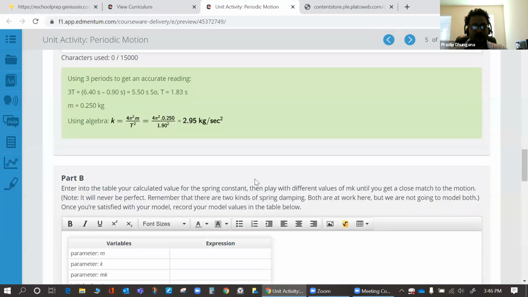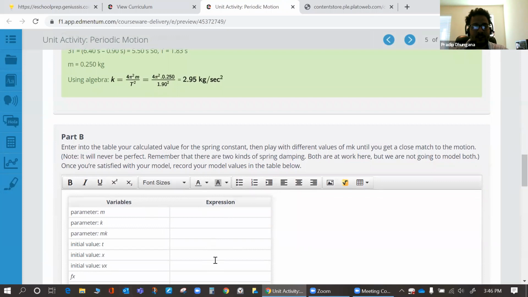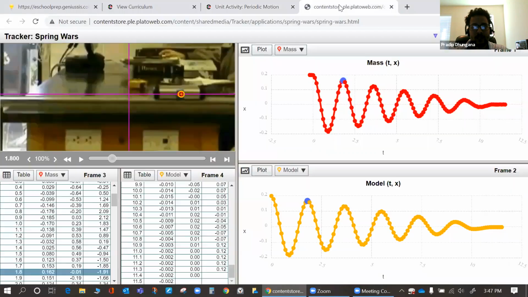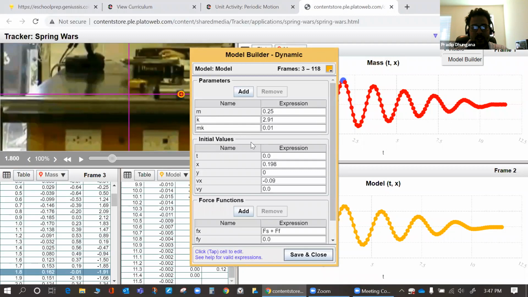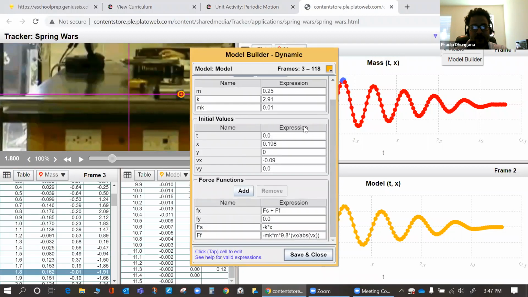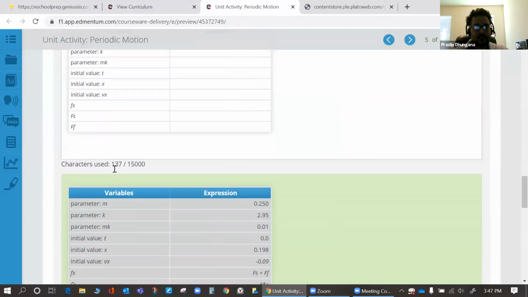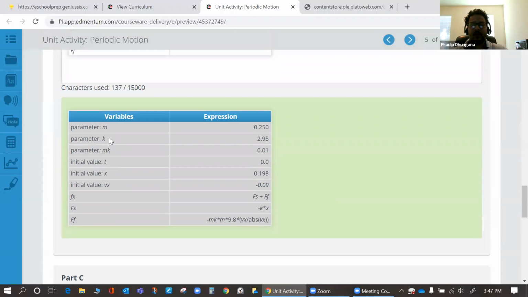Now in part B, we have to complete this table, and you can write all those values from your model builder. Okay, let's go back here. So those values, mk, you can see all those values. You can just copy and paste those values here. Let's look at a sample response. Parameter m is 0.25 kg. That is the mass of that object. Parameter k is spring constant 2.95.